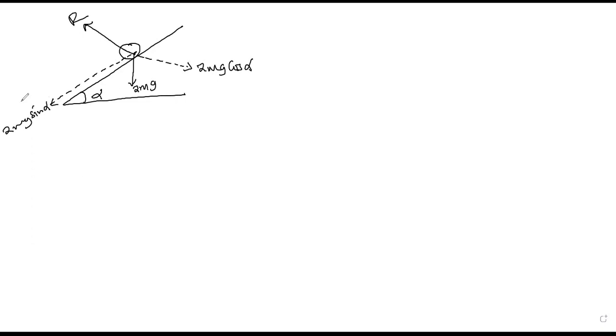They told us, given that the force acts horizontally in the vertical plane through the line of the greatest slope, and that the particle is on the point of sliding down. So it means that if the particle is on the point of sliding down, then the frictional force is acting upwards.